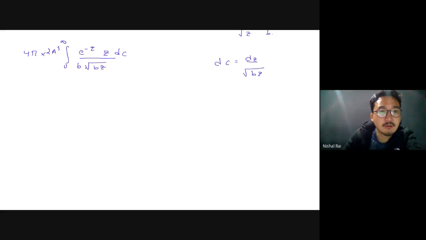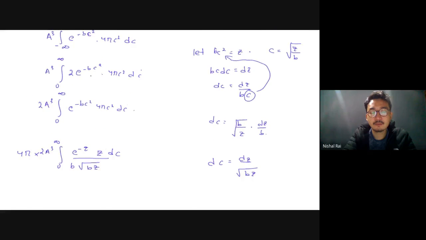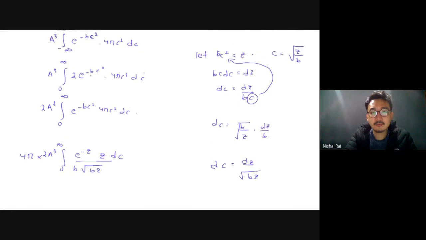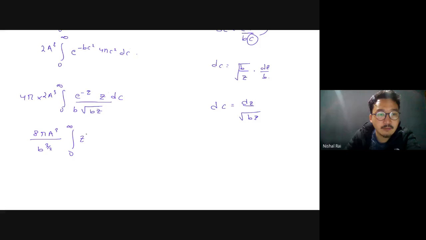b is constant, so you can take it out. So it will be what? 8 pi a cube b to the power 3 by 2. I've taken everything from 0 to infinity. This is root, this will cancel with z to the power half, will sit over here, e to the power negative z dc.